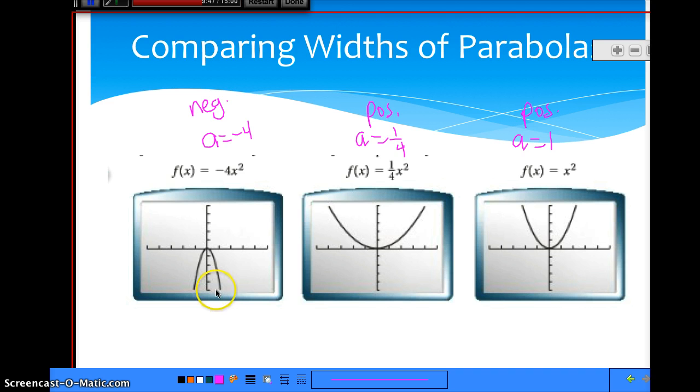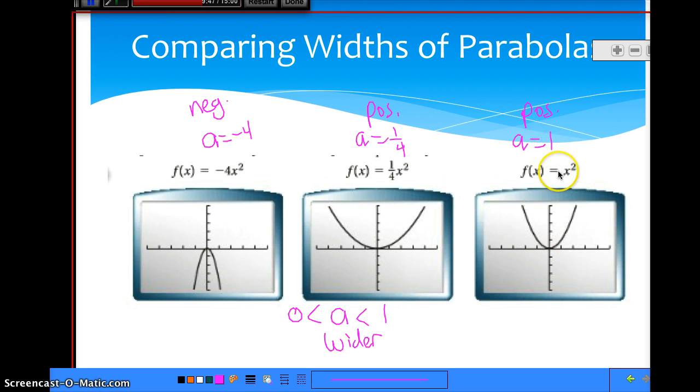The second observation is that when you compare the two positive a's, notice that if a is smaller than 1, then it goes wider. So if a is less than 1 but greater than 0, then the parabola is going to end up being wider.